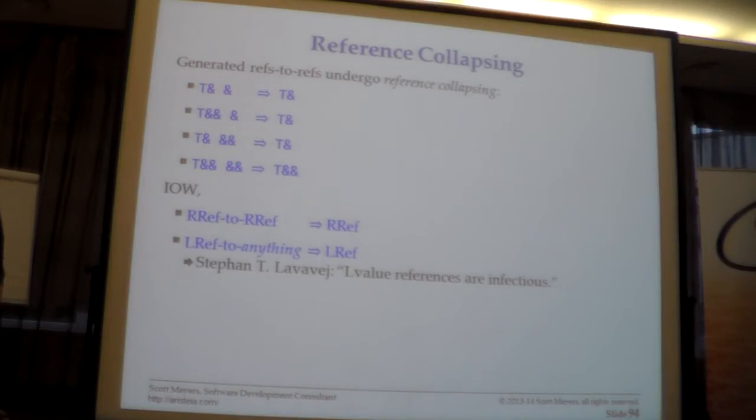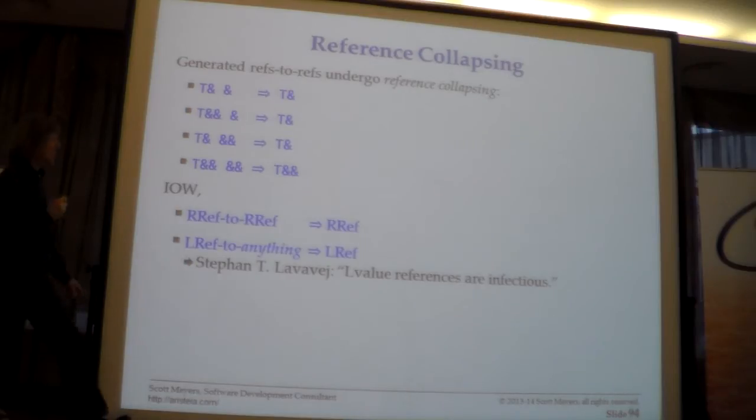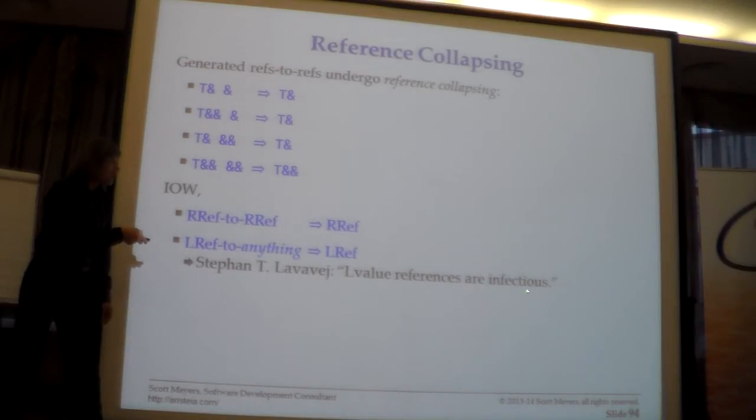In other words, if either reference is an L value reference, the result is an L value reference. And if both of them are R value references, the result is an R value reference. Stefan Lavavej says L value references are infectious.